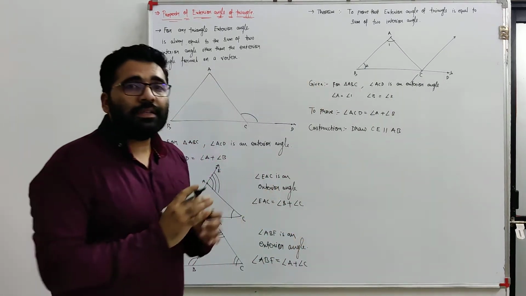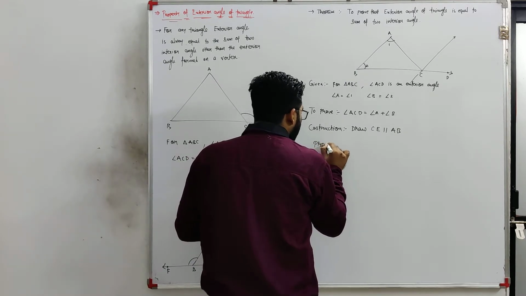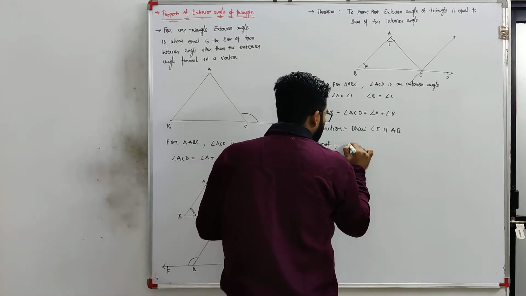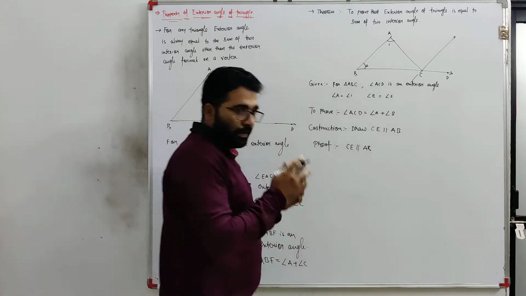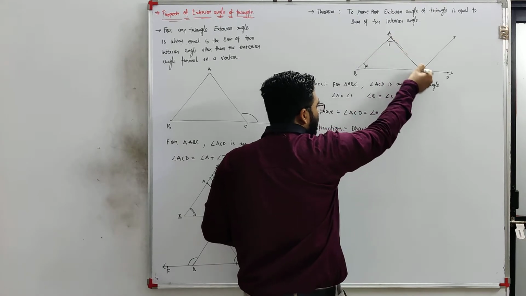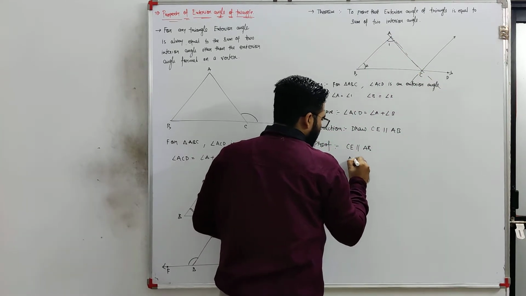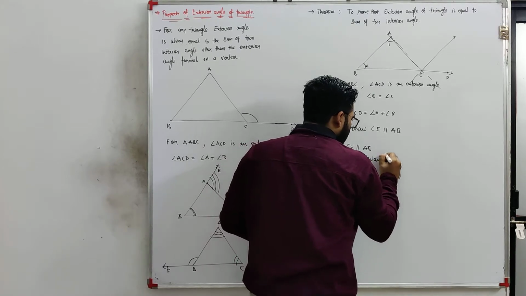Now, if CE is parallel to AB, I start to prove. What is the proof? Here CE is parallel to AB. If I consider that AC is my transversal, then what?